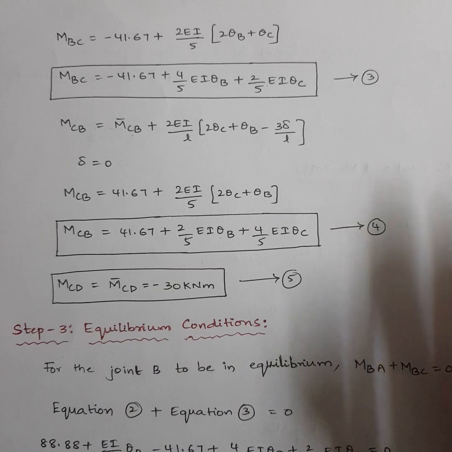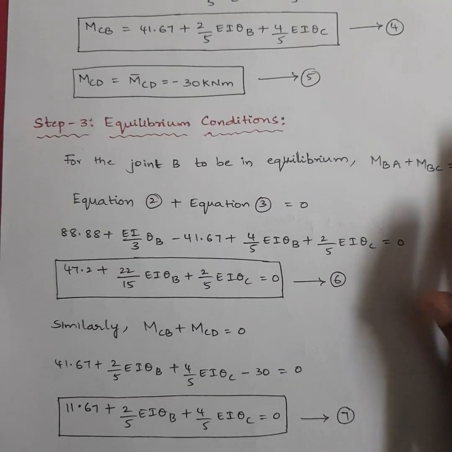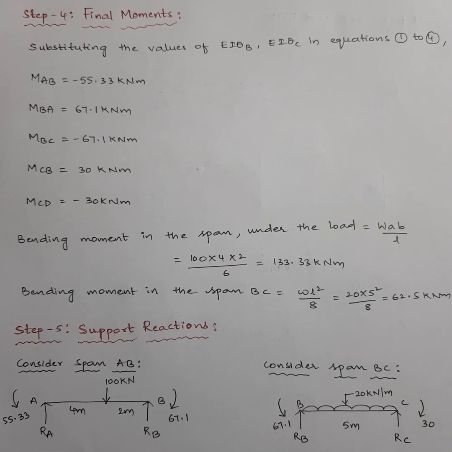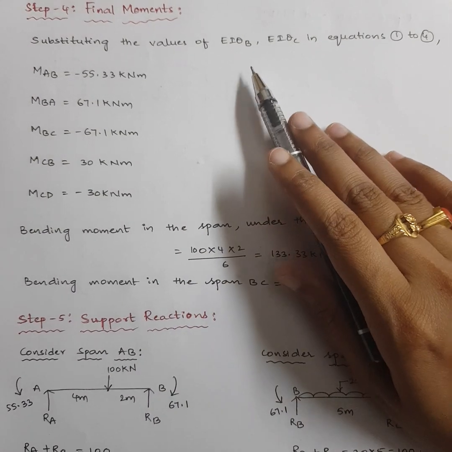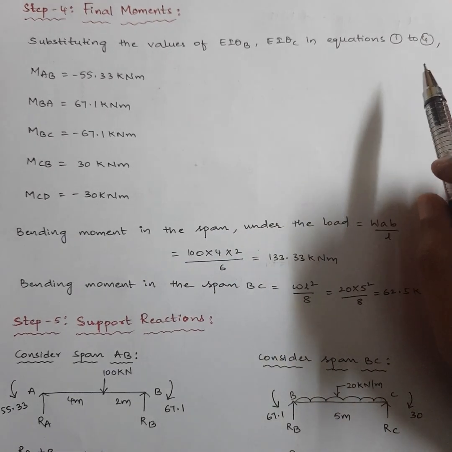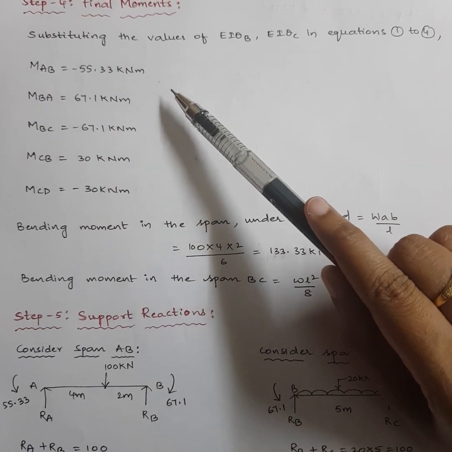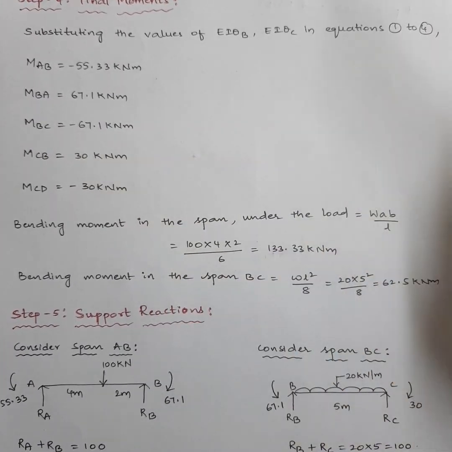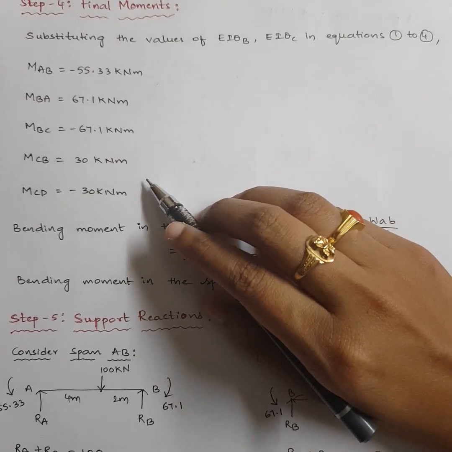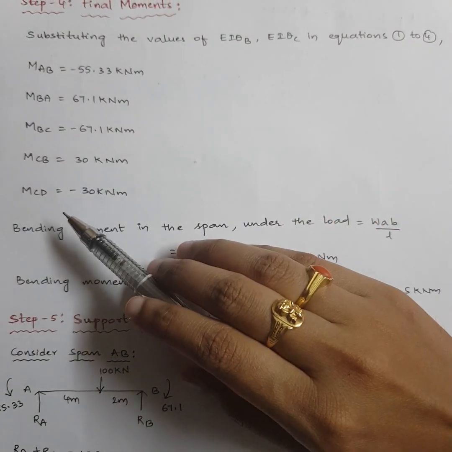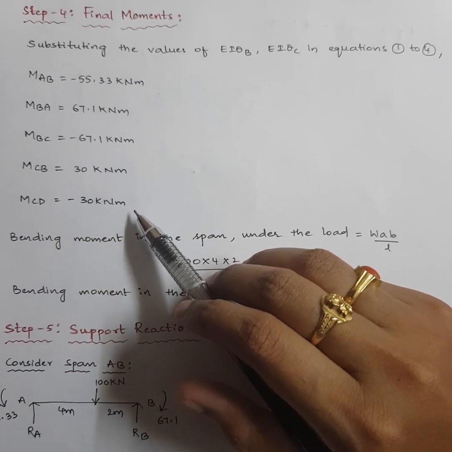So substitute the values of slopes in equations 1 to 4. You'll get MAB as minus 55.33, MBA as 67.1, MBC as minus 67.1, MCB as plus 30 kilonewton meter, and similarly MCD we already know, 20 into 1.5, which is minus 30 kilonewton meter.